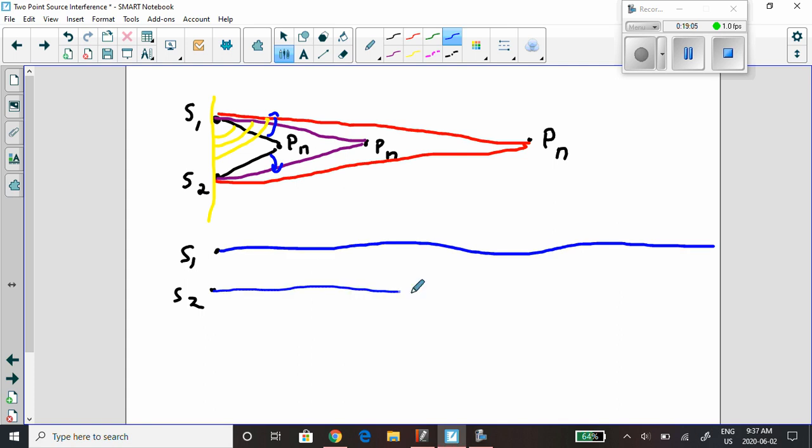For all intents and purposes, this line right here is 90 degrees, and that line right there is 90 degrees.